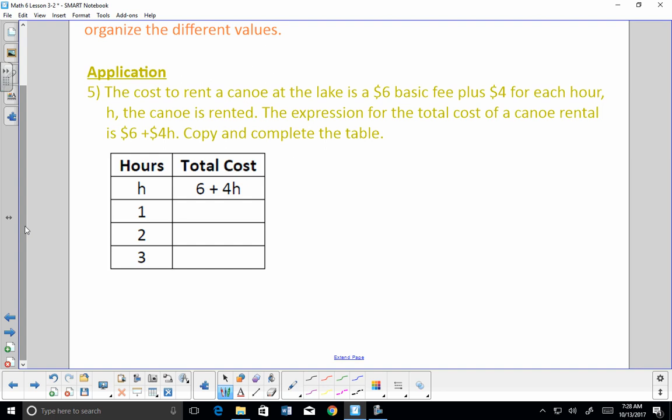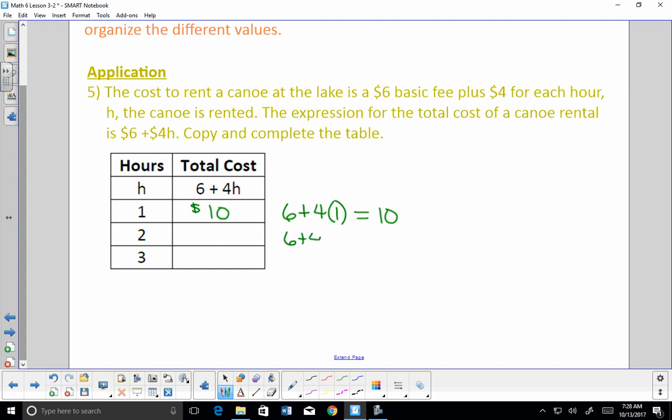So if they want to rent a canoe for 1 hour, I would do 6 plus 4 times 1. Well, 4 times 1 is 4. 4 plus 6 is 10. So it would cost them $10 here. If they rented a canoe for 2 hours, that would be 6 plus 4 times 2.